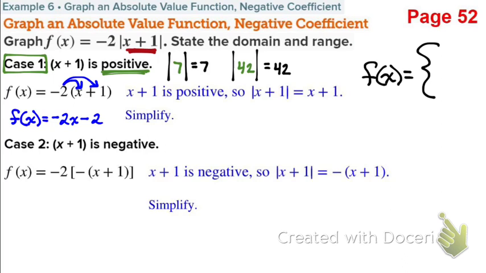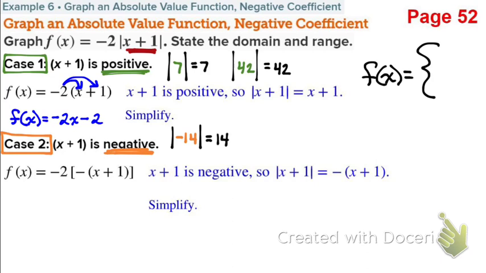What's the other possibility? If it's not a positive number, it would be a negative number. So case 2 is if this is negative. If I had -14 inside an absolute value, how far away from 0 is -14? 14 units away from 0.